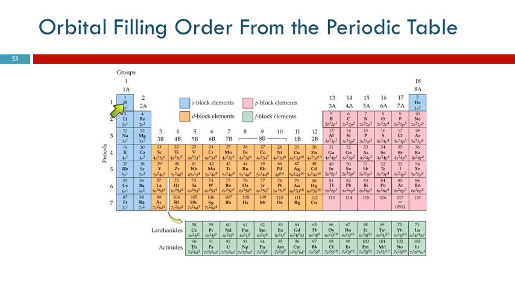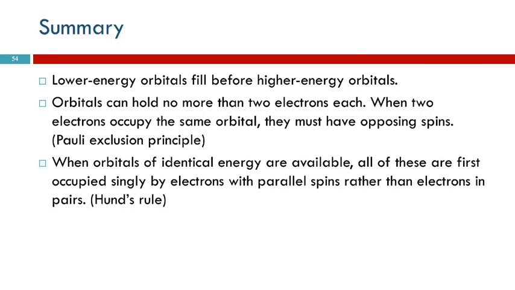Well, there are 7 blocks here. 1, 2, 3, 4, 5, 6, 7. So here, this is period 1. This is the S block, and helium kind of belongs over here. So 1s2. And then the next row is the second row, 2s2. And then nitrogen comes over here. And this is P, 2p, 1, 2, 3. 2p3. So let's draw that.